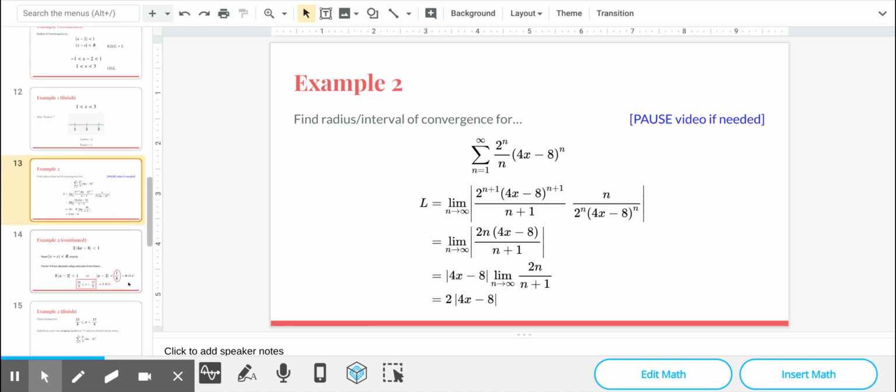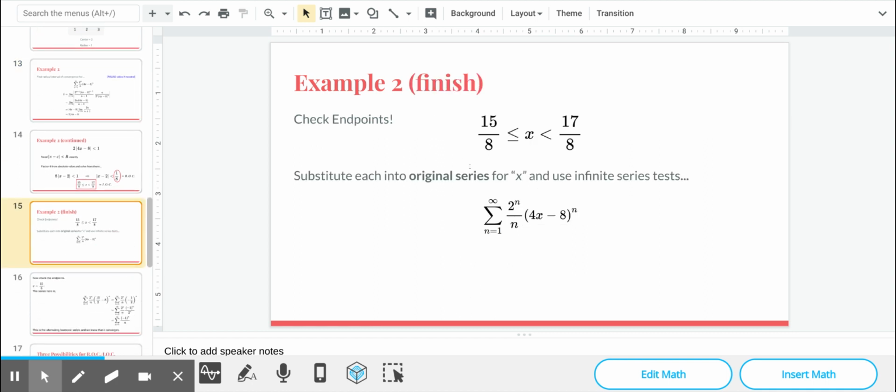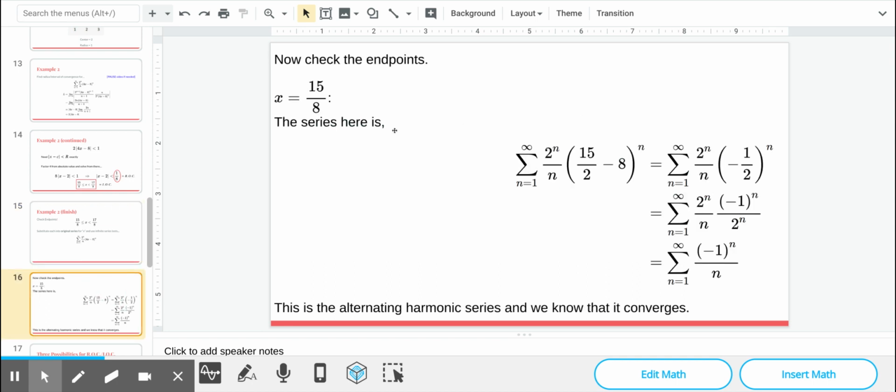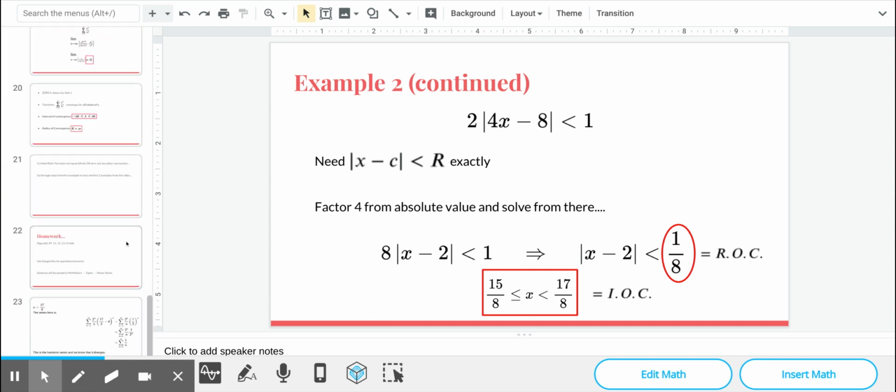In order to find the interval of convergence, I needed to check out what was happening with the endpoints, plug them back into the original series, do individual convergence or divergence tests for that, and come up with a final interval of convergence. Okay, so the third possibility is basically the examples that we've already done.